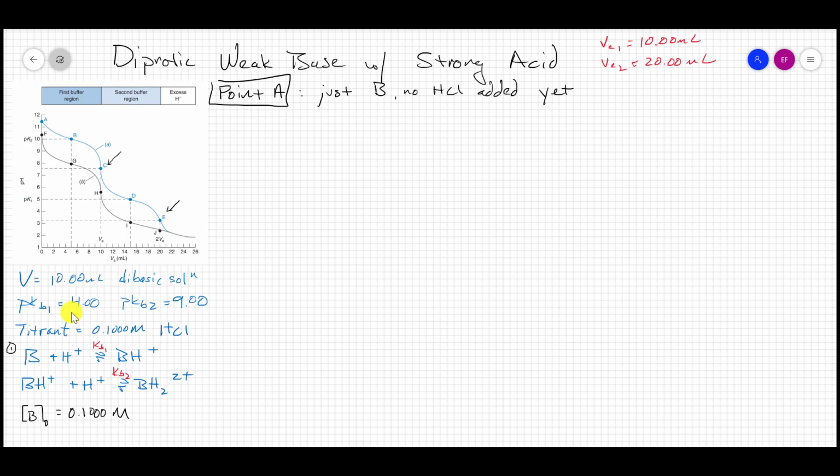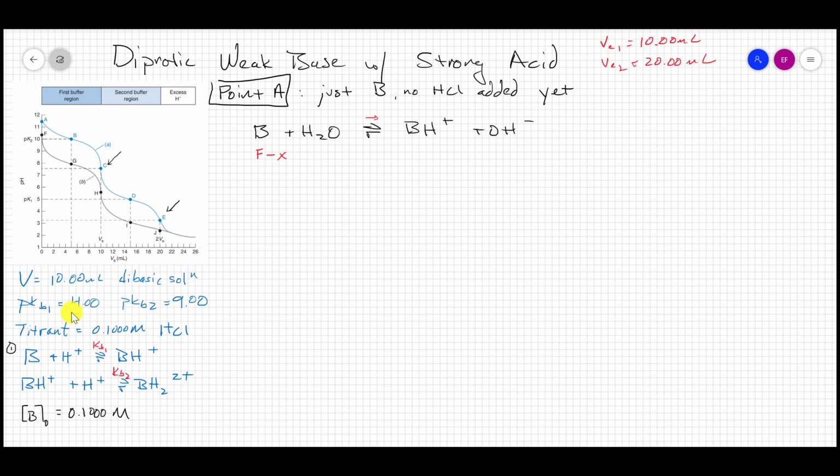So we just need to pretend that we're adding a monoprotic base to water, even though it's diprotic, which we can write out as the reaction, which protonates and gives us hydroxide. And then our steps here are that we had some formal concentration of B minus X, depending on how much of it dissociates.